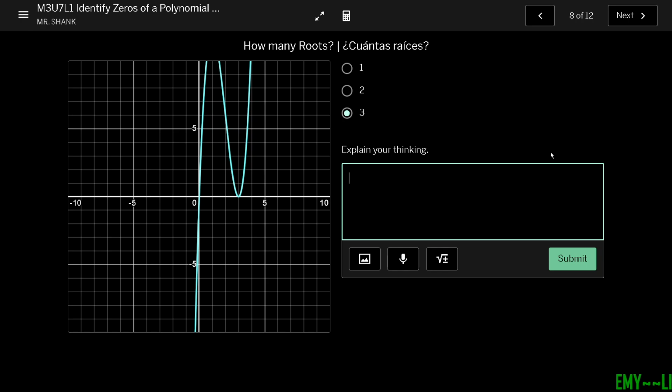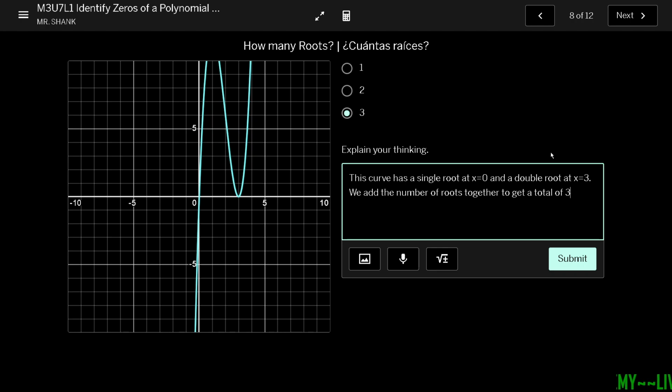So let's say exactly that: this curve has a single root or single x-intercept at x equals 0 and a double root at x equals 3, and we add the number of roots together to get a total of 3 roots.